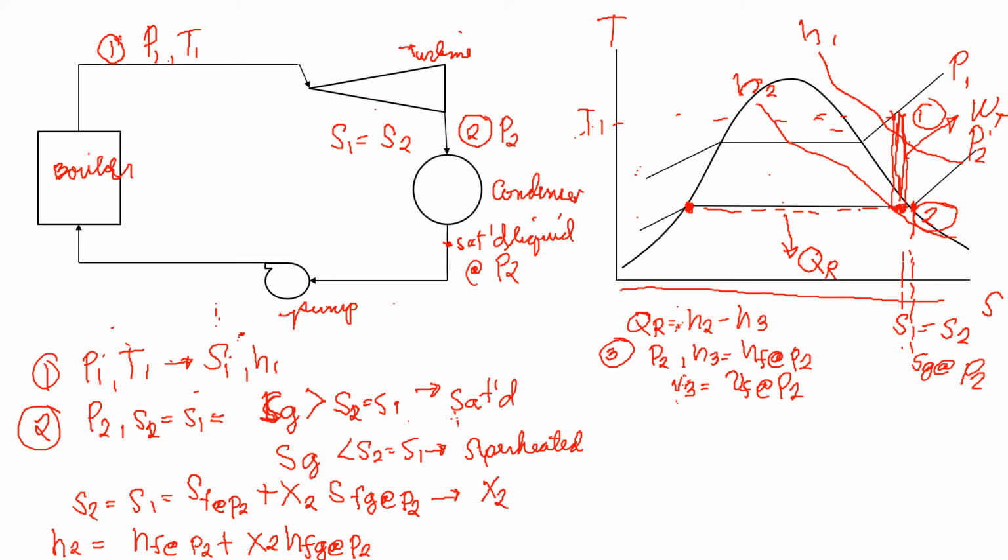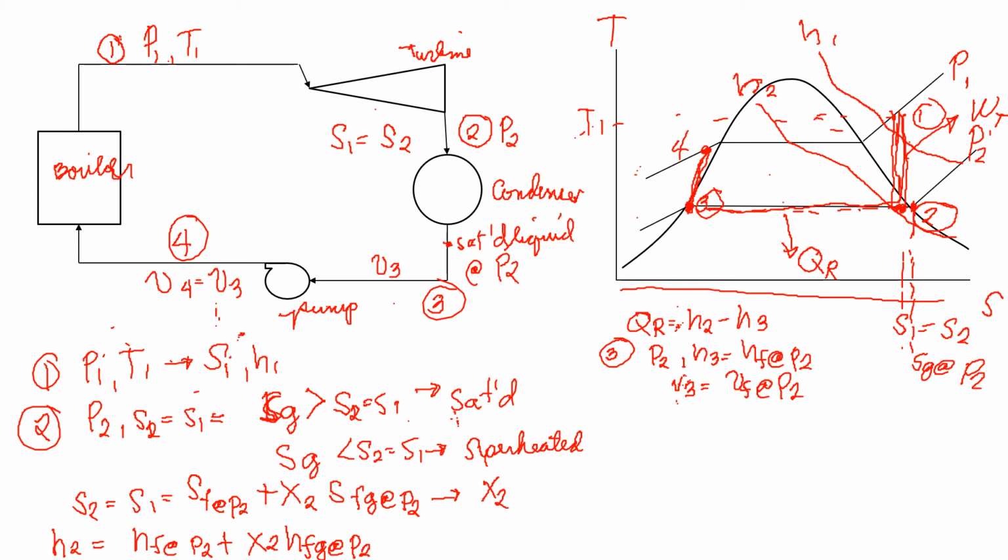Okay, here isentropic, here isobaric, and the work of the pump must be isovolumetric. So we have your 3 here and we have your 4. The same volume, V3. V4 is equal to your V3.